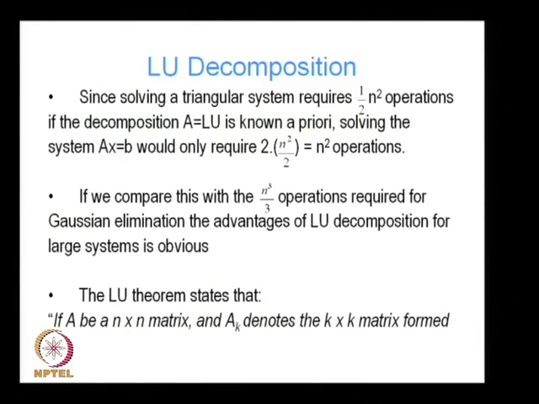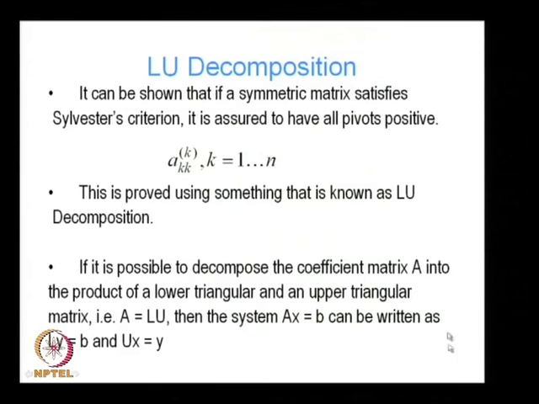Since solving a triangular system requires n square by 2 operations, as in a typical back substitution, if the decomposition A equal to LU is known a priori, solving the system Ax equal to B would only require 2 times n square by 2, which is n square operations. Basically, solving the system Ly equal to B requires n square by 2 operations.